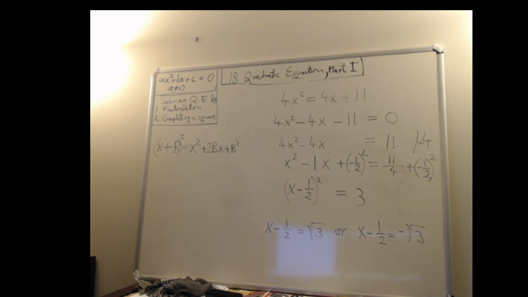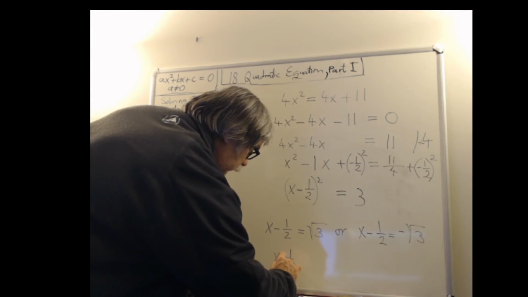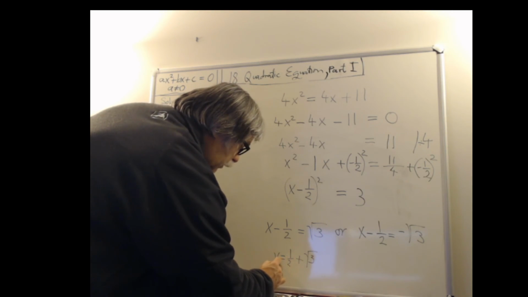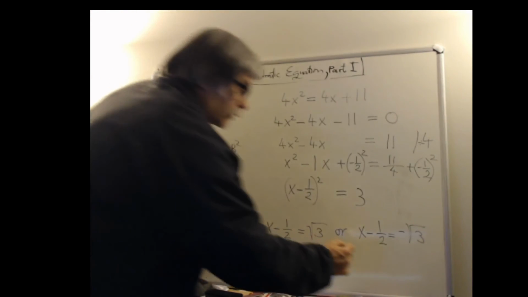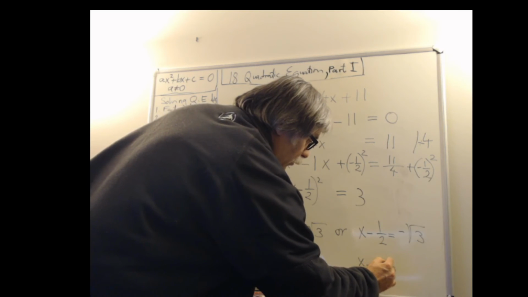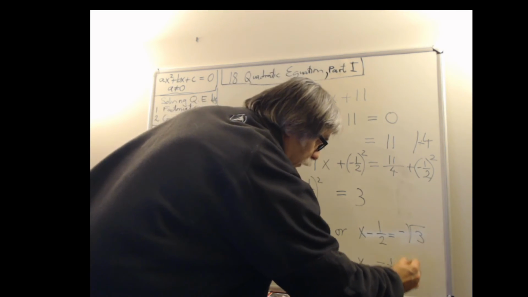And now I just need to add 1/2 to both sides. So you have x is equal to 1/2 plus radical 3. This is the first solution. And the second solution is 1/2, this one on the other side, negative radical 3.